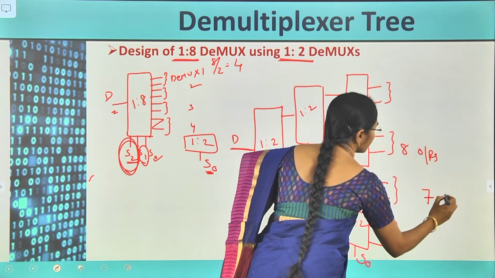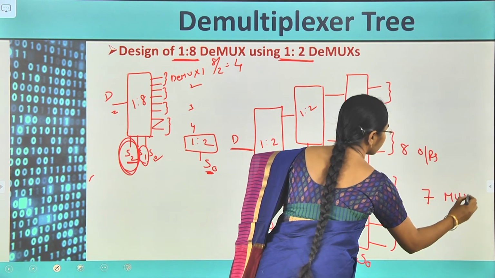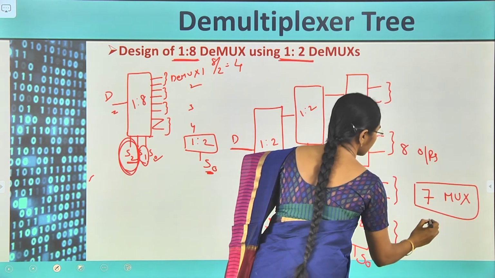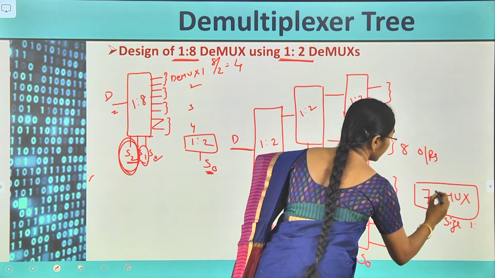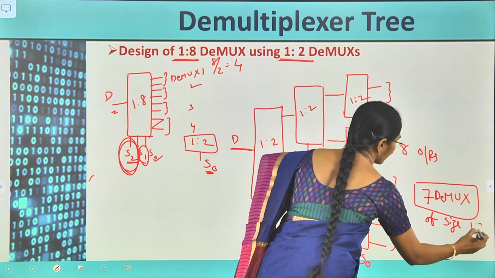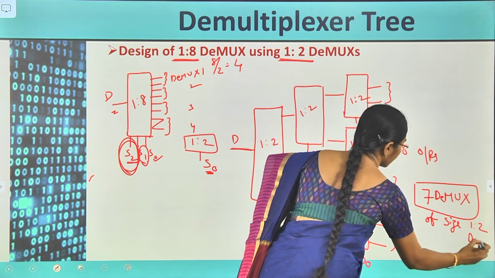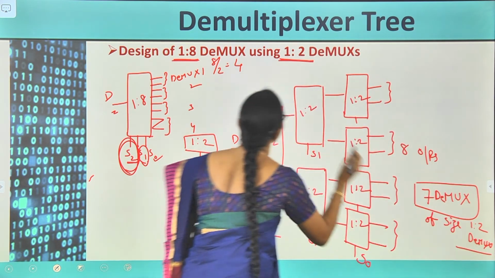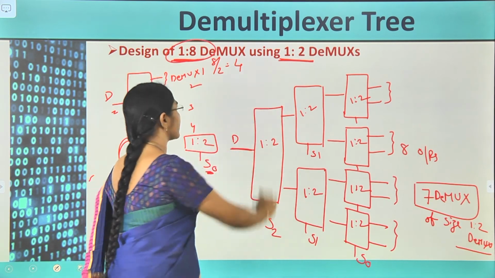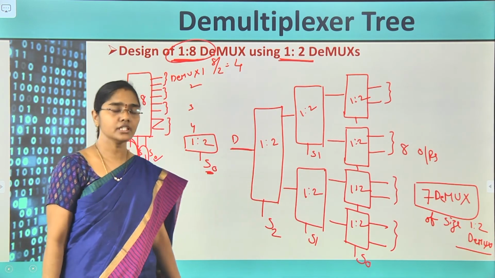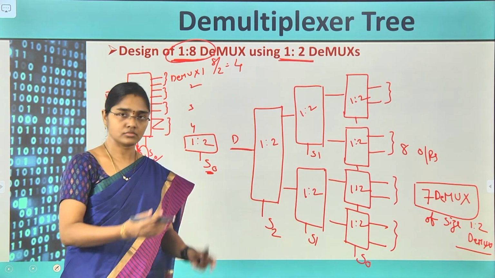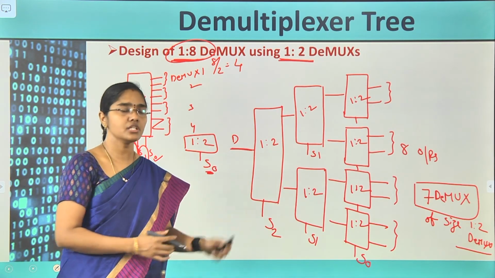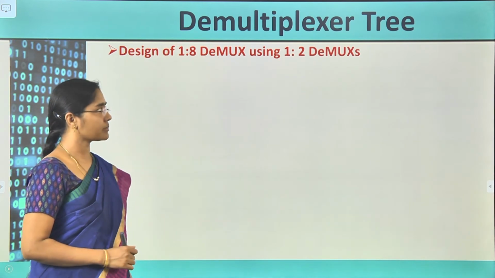So 7 demultiplexers of size 1:2 are required to implement a 1:8 demultiplexer. Okay, so this is the design of a 1:8 demultiplexer using 1:2 demultiplexers.